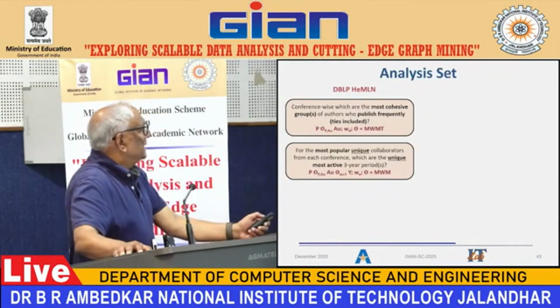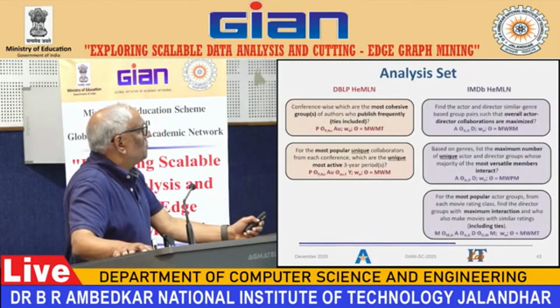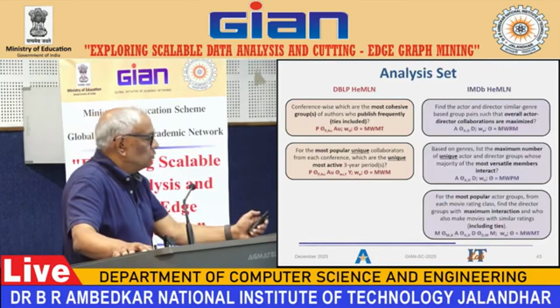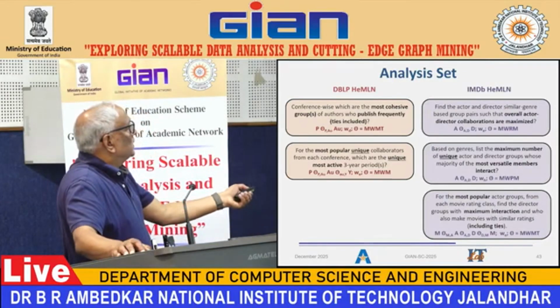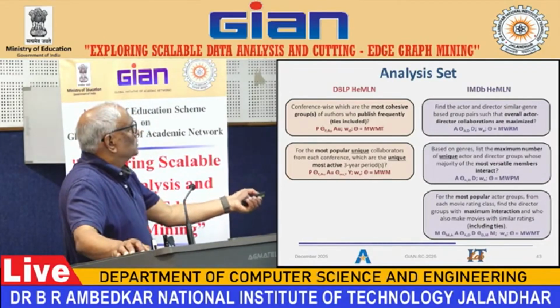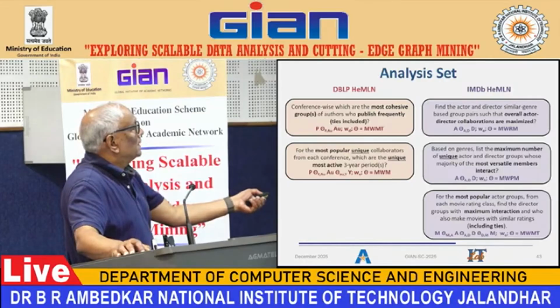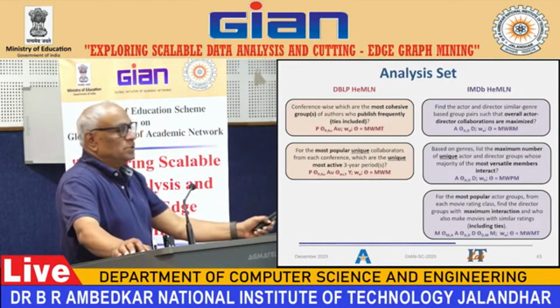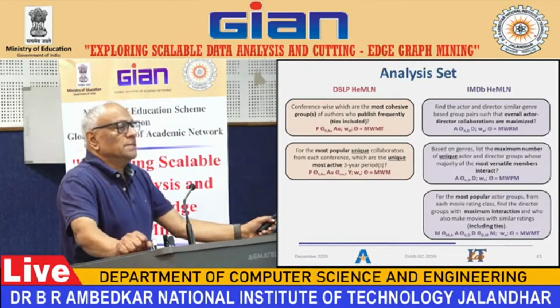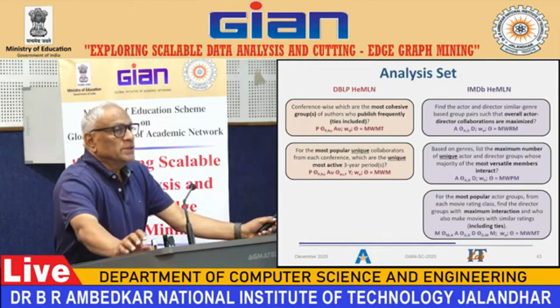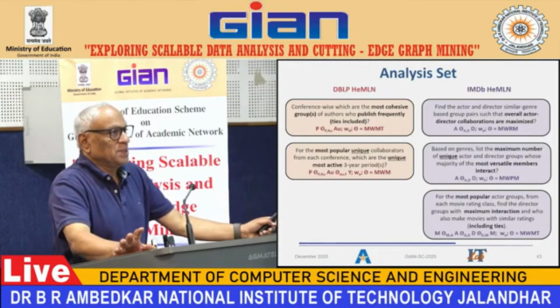So some of the analysis that we wanted to perform are these things. I will not go through all of them. And conference-wise, which are the most cohesive groups of authors who publish frequently, including types. Now, remember I introduced the notion of bipartite graphs. For heterogeneous composition, we need to use the bipartite graphs.